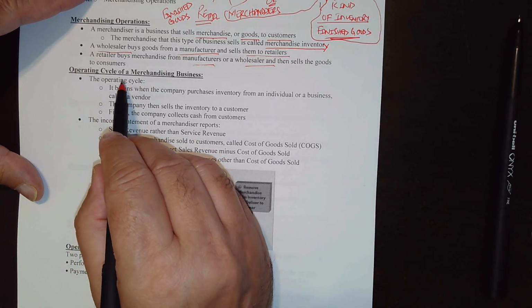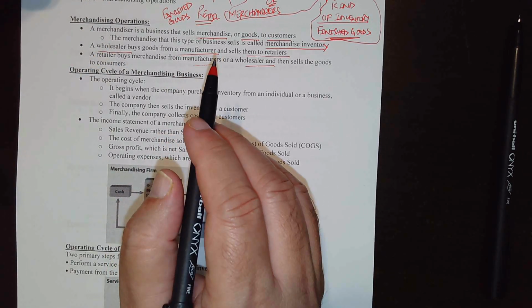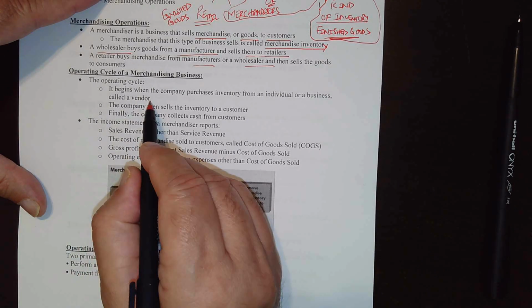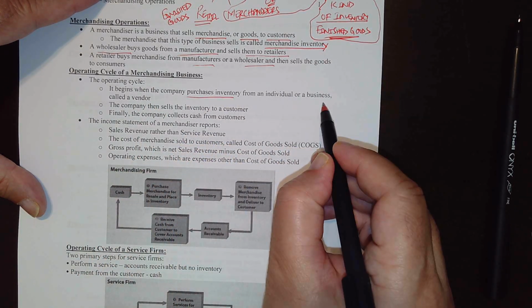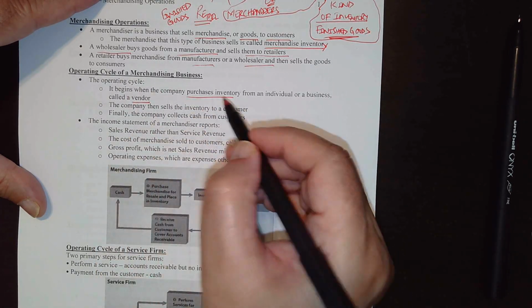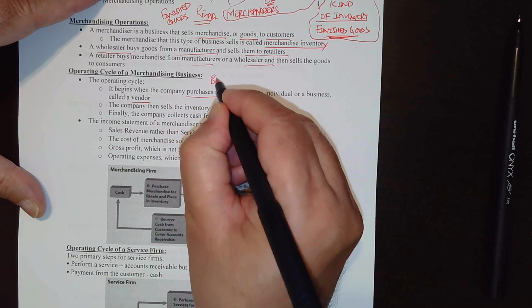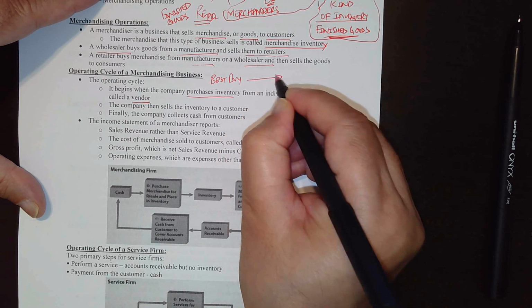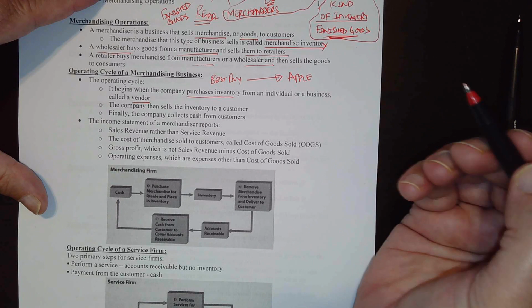Then we're going to talk about the operating cycle of a merchandising business. So in a merchandising business like Best Buy, what is their operating cycle? It begins when the company purchases inventory from an individual or business called a vendor. So basically Best Buy purchasing from Apple, or Dell or anybody.